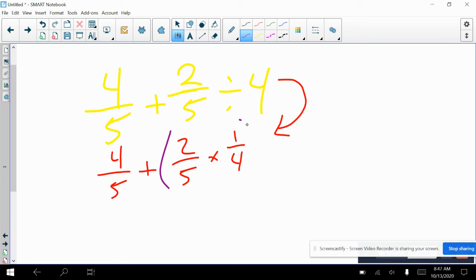And I'm okay with you guys even putting parentheses around there to know to do that first. That would be awesome. What do we look to do here? Go ahead, just yell it out. Cross reduce. Very good.